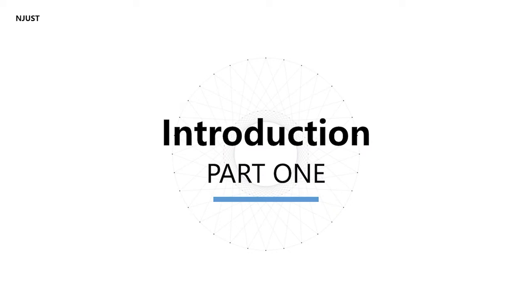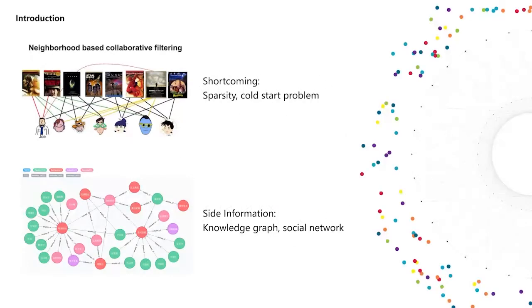Part 1 is the introduction. Collaborative filtering-based models have powerful ability to use the interaction of users and items for recommendation. However, many existing collaborative filtering-based approaches suffer from problems such as sparsity and the cold start problem. Apart from this, they can only grasp the single relationship between users or items.